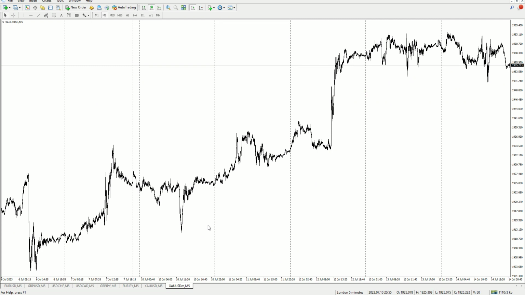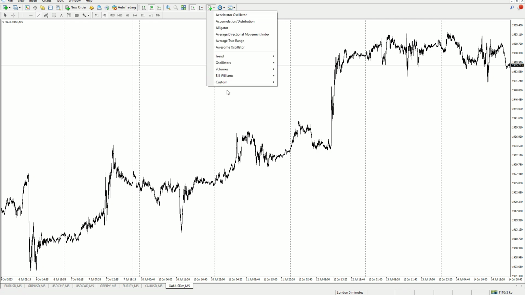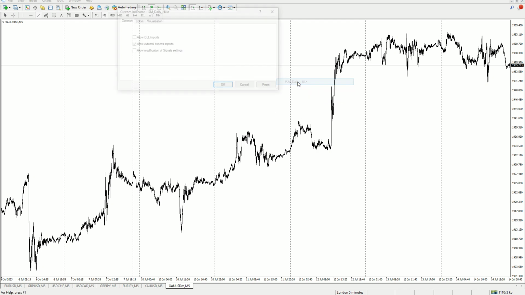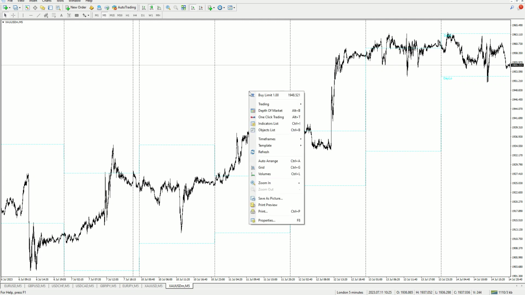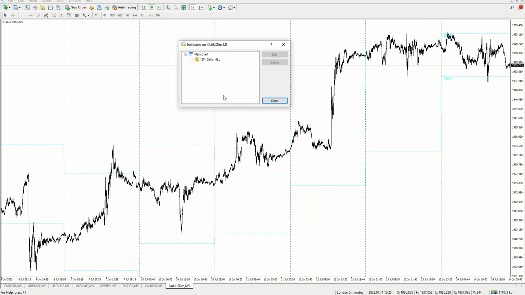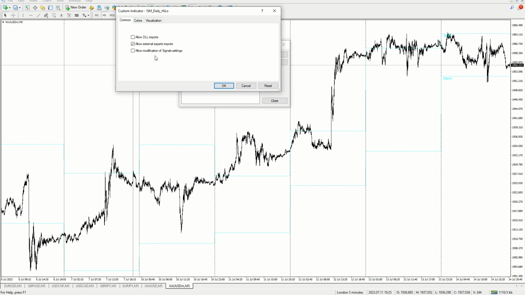So let me put my consolidations in place. First, let me put in an indicator I have: the previous day's high and low. This is not a fancy indicator, guys, it's just previous day high and low, and you can also just draw a line.